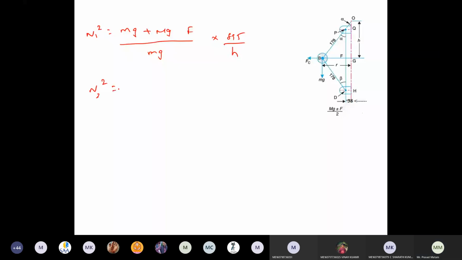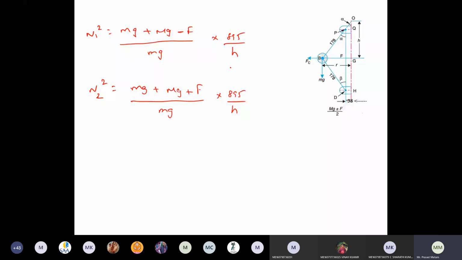Similarly, n2 square, mg plus Mg into 895 by h. Now n1 is the minimum speed and n2 is the maximum speed. When the speed is minimum, what is the friction force we need to write, plus f or minus f? Minus, as we discussed earlier. Similarly, for maximum speed, we need to write plus f. You have all the values. Substitute and give me the answer.